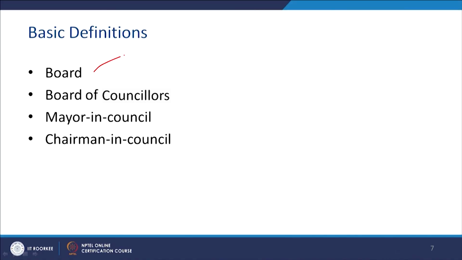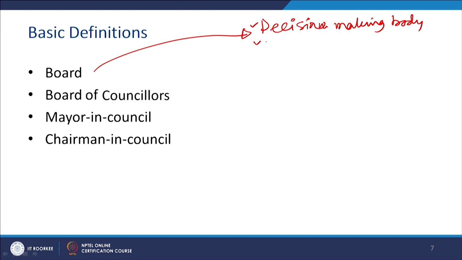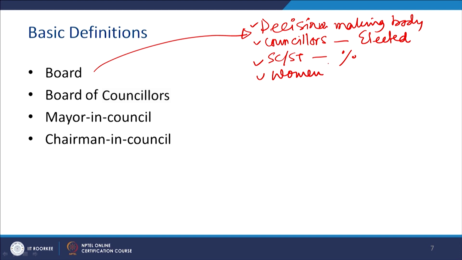The board is basically a decision making body consisting of councillors who are elected, and in the board there will be representation of SC/ST in terms of the percentage available in the municipalities, and women representation of at least 30%.